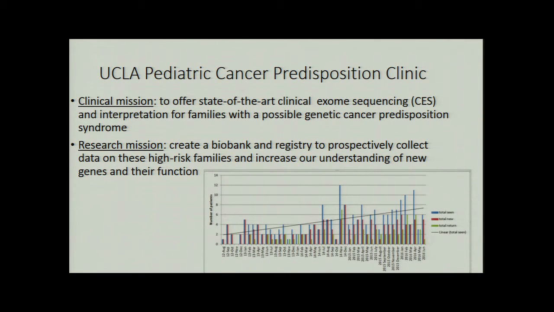This is one of the UCLA genomics clinics staffed by Dr. Martinez, myself, neuro-oncologist Dr. Davidson, a neurosurgeon, genetic counselors, Nagmi Durrani, as well as a couple of social workers. We offer state-of-the-art clinical exome sequencing and interpretation for families with a possible genetic cancer predisposition syndrome. And we have a biobank and registry to prospectively collect data on these very high-risk families and to hopefully increase our understanding of new genes and their function.